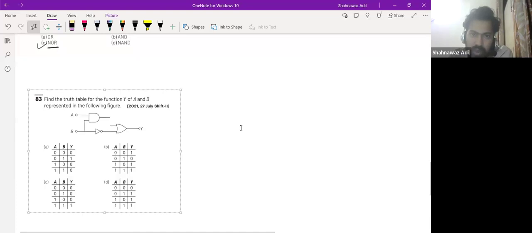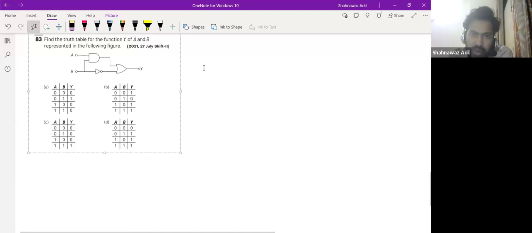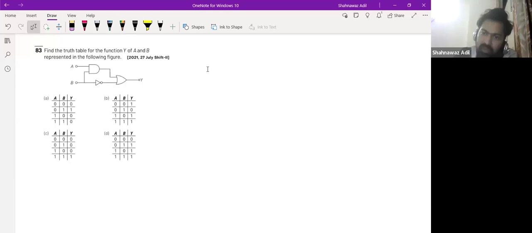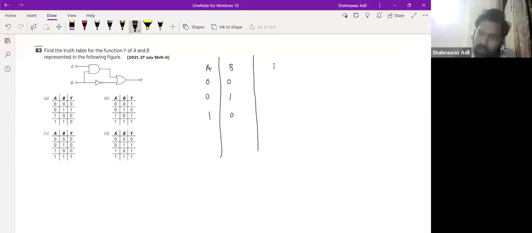Okay. So we have this question and we have to find out the truth table for this. The input is always the same. We have A, we have B. This would always be 0,0, 0,1, 1,0, 1,1.